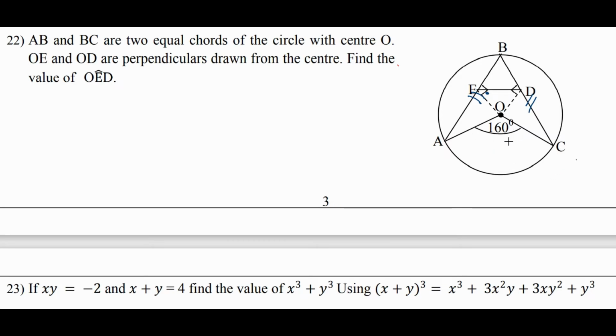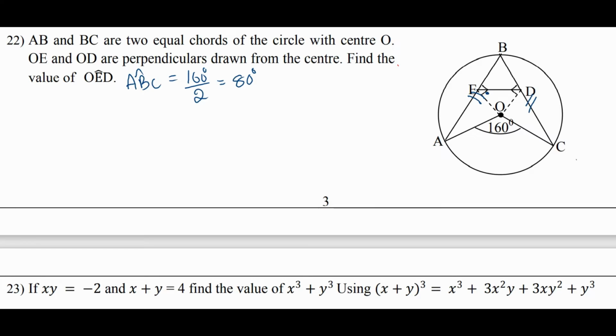Then the angle ABC should be 160 divided by 2, equals 80 degrees. This is the first piece of information we can get out of this figure. After that, we were given that OE and OD are perpendiculars.